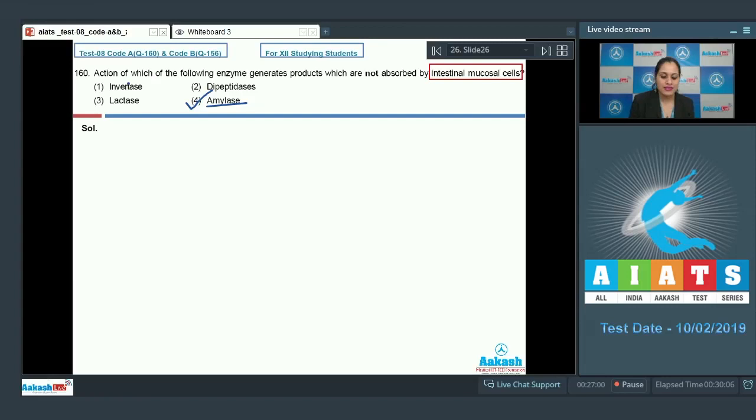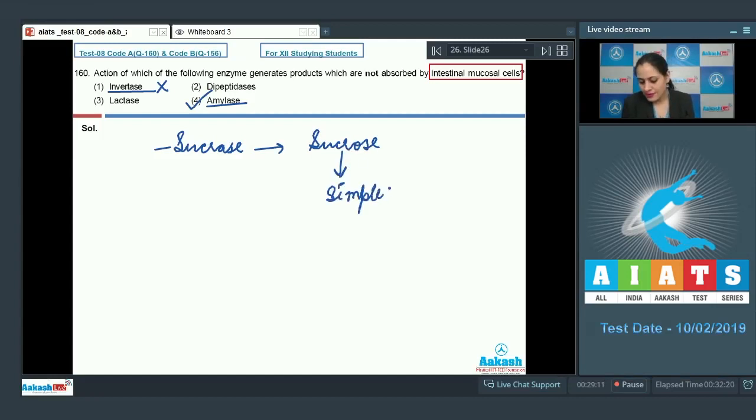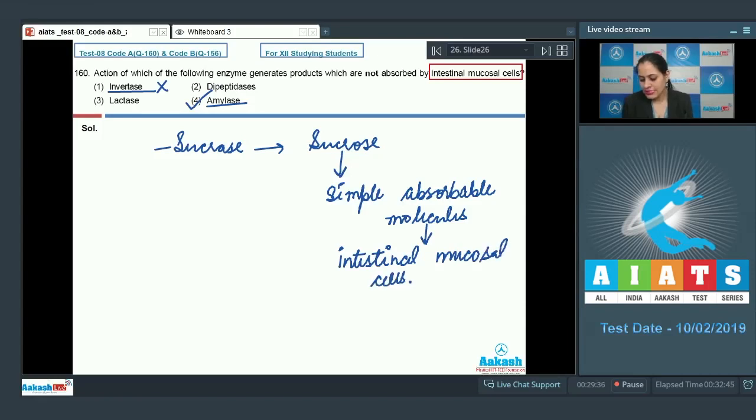Because the other 3 options, that is invertase, which is also known as sucrase, is an incorrect option. Because sucrase acts on sucrose, which is a disaccharide, and thereby form simple absorbable molecules which are absorbed by intestinal mucosal cells.